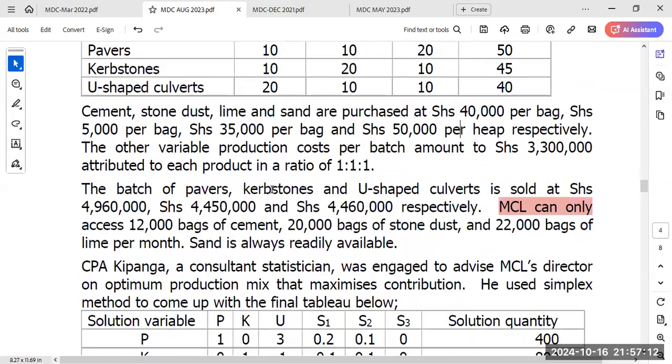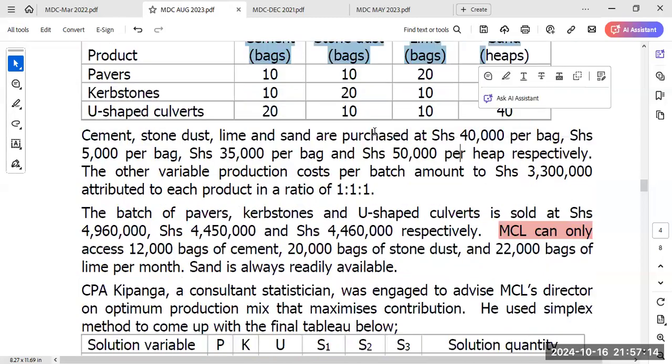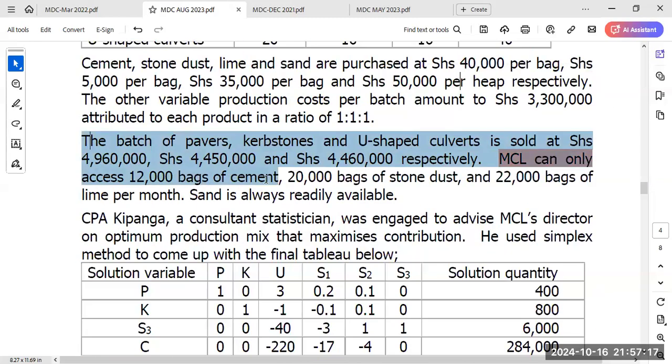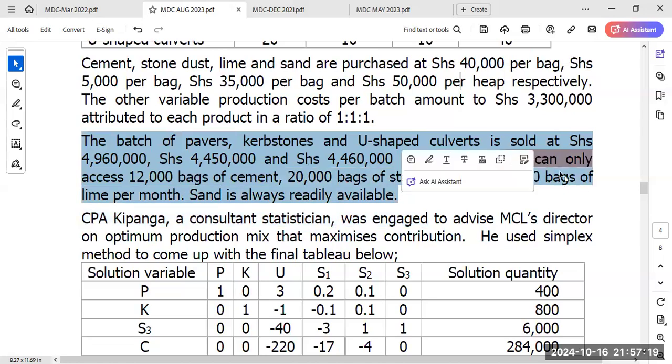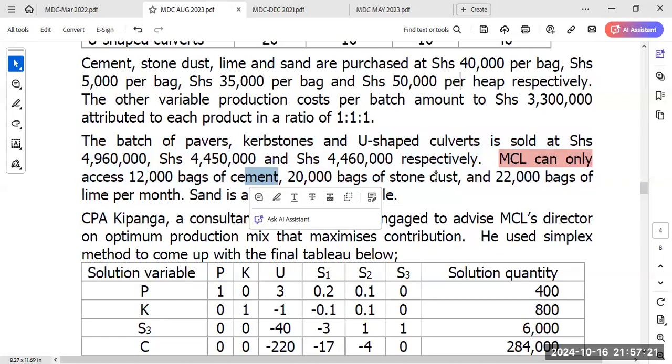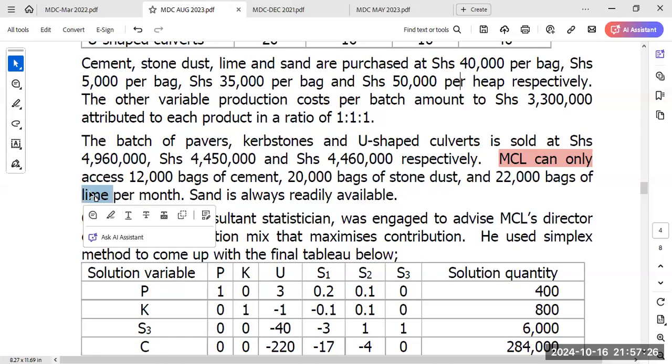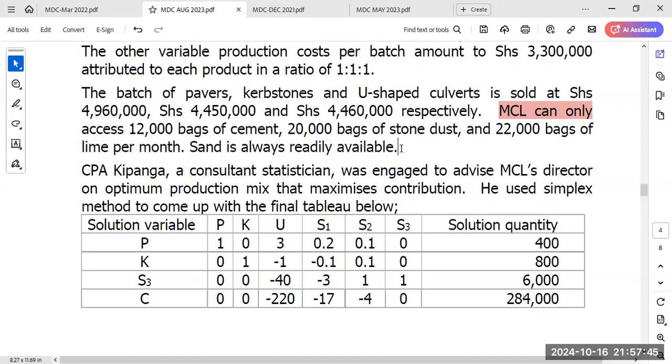Remember, sand was part of our raw materials. But when you check this paragraph, you actually see that you have cement, you have stone dust, you have lime, but you don't have sand. You don't have anything corresponding to sand. It means you cannot attach an inequality anywhere when it comes to sand. The reason is this sand is readily available and cannot be a limiting factor. You will exclude that as you state your constraints.